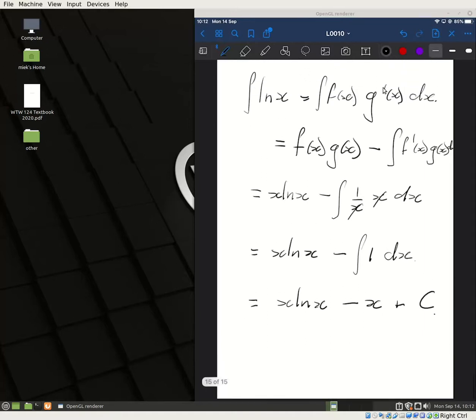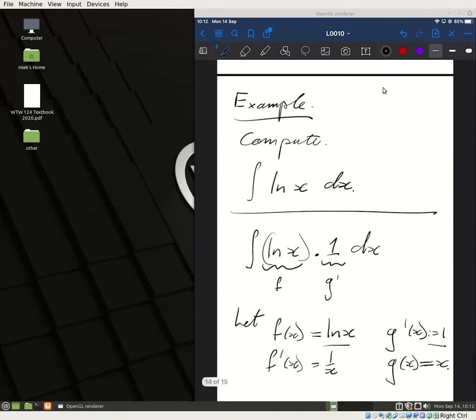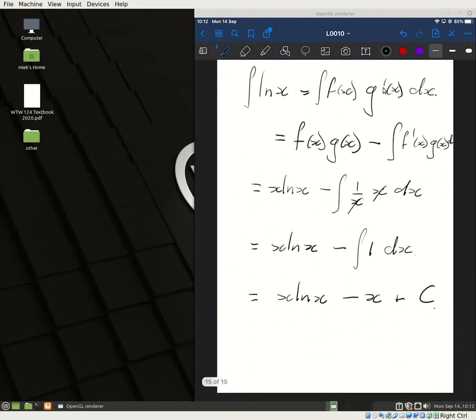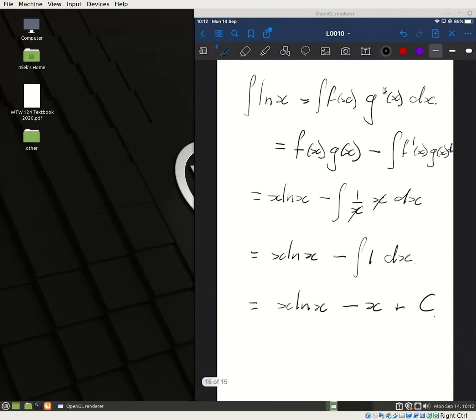Okay, and that is it for this example. So now we should be a little bit careful here. This is an indefinite integral, so we should think about where ln of x is defined.